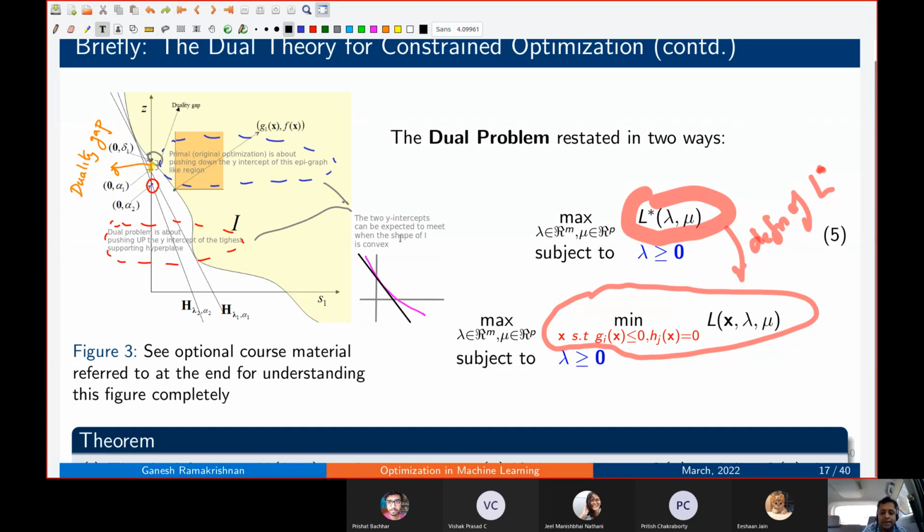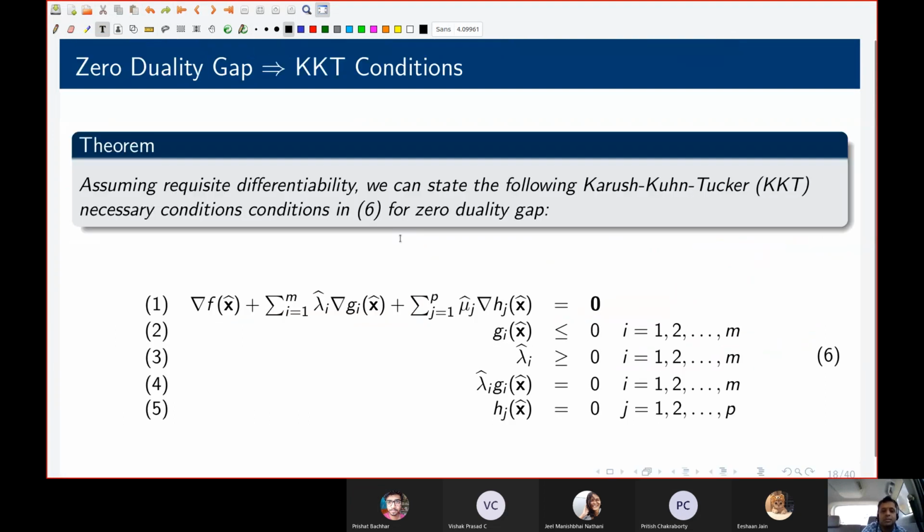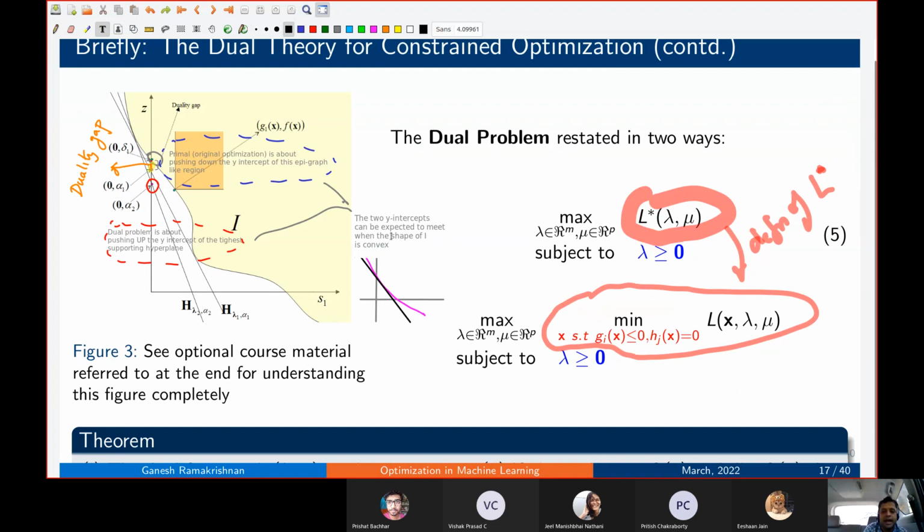Okay, so there is a small catch here. Convex and closed. If it's closed, then you can expect there to be zero gap. These two will meet. Is that making sense? Again, for lack of time, I'm just trying to give the quick intuition.